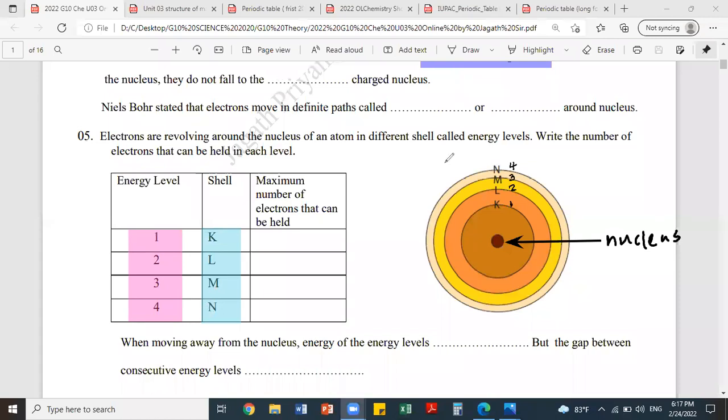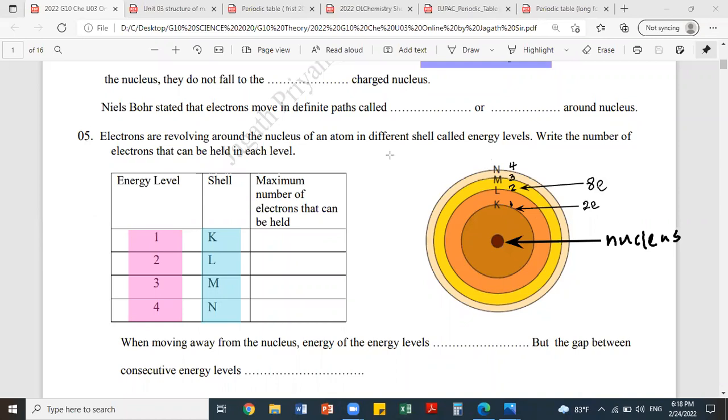Each level has a maximum number of electrons that can be held. The first energy level can keep maximum 18 electrons. So 2 electrons, not 18, sir, 2 electrons. First energy level can keep maximum 2 electrons. Then the second energy level can keep maximum 8 electrons.